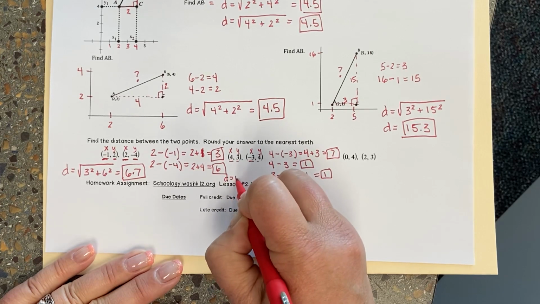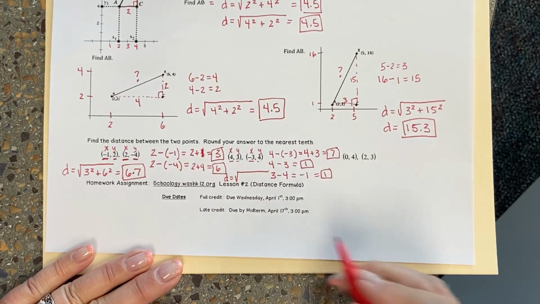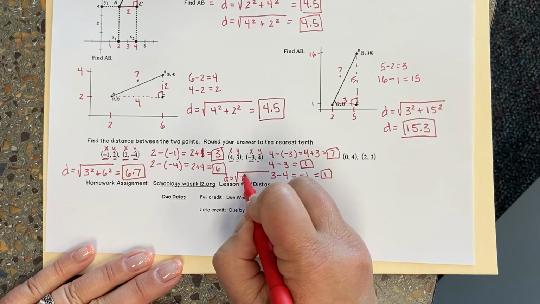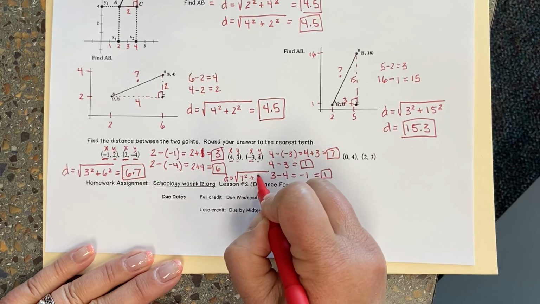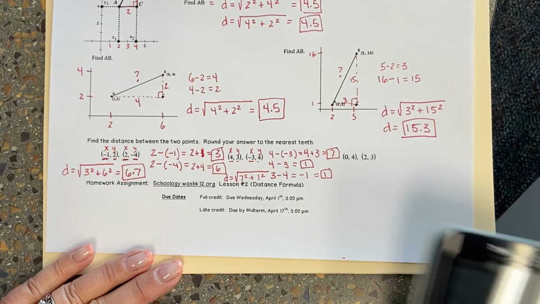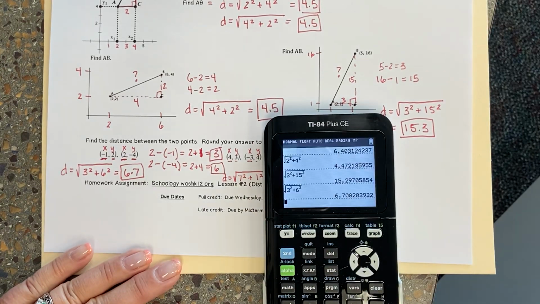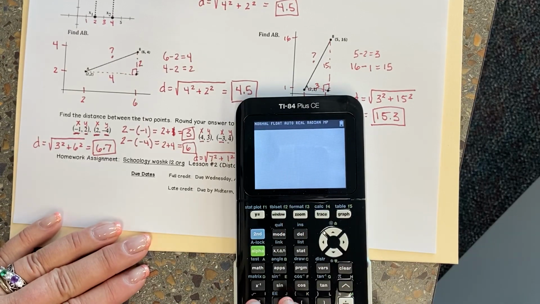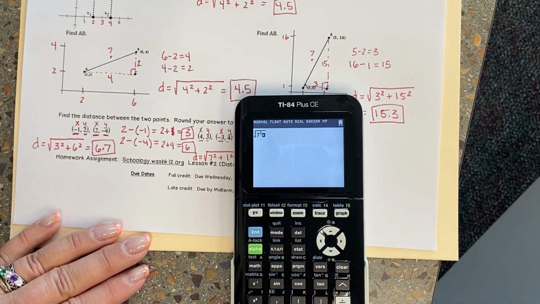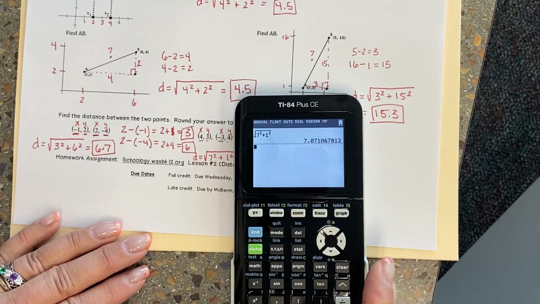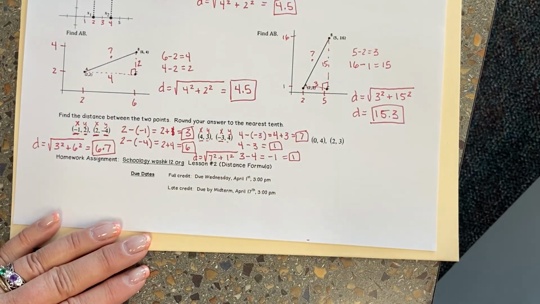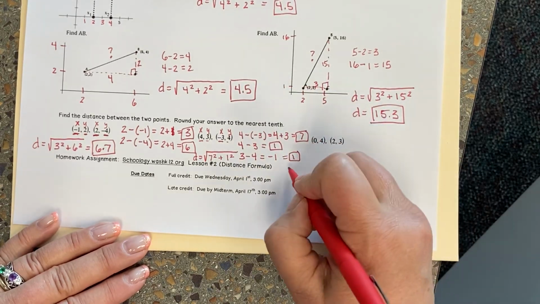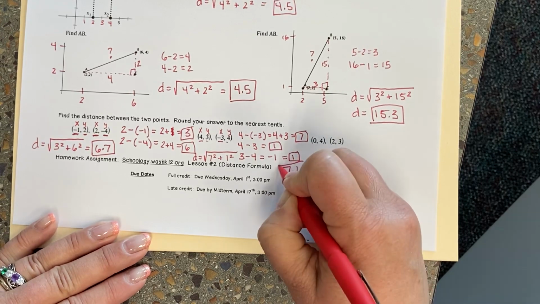Distance equals the square root of 7 squared plus 1 squared. Those are our legs. 7 squared plus 1 squared is 7.07, so we're going to round up to 7.1.